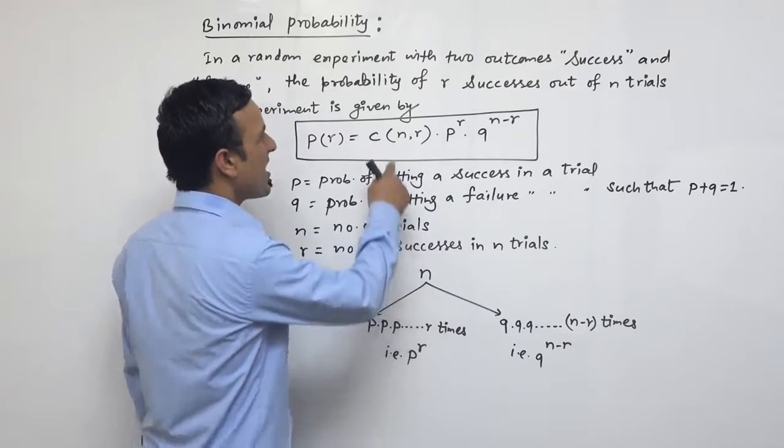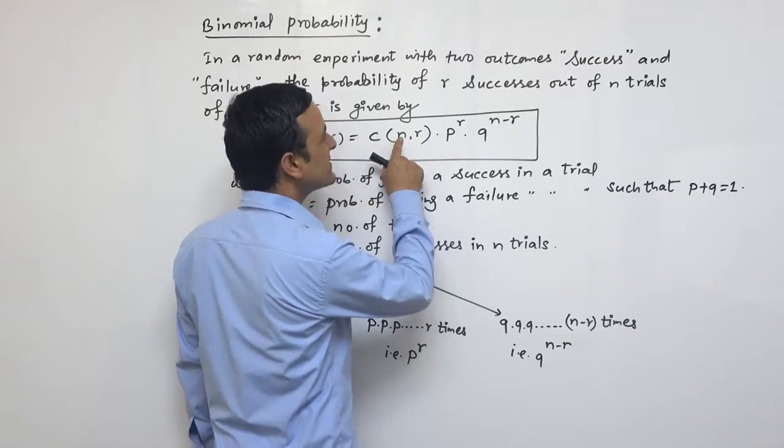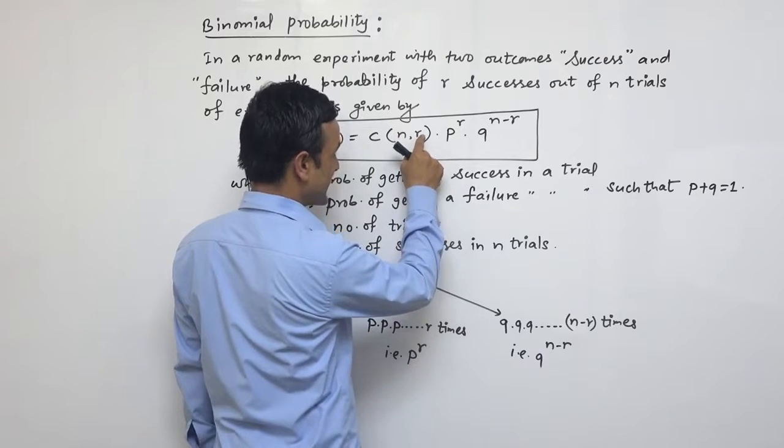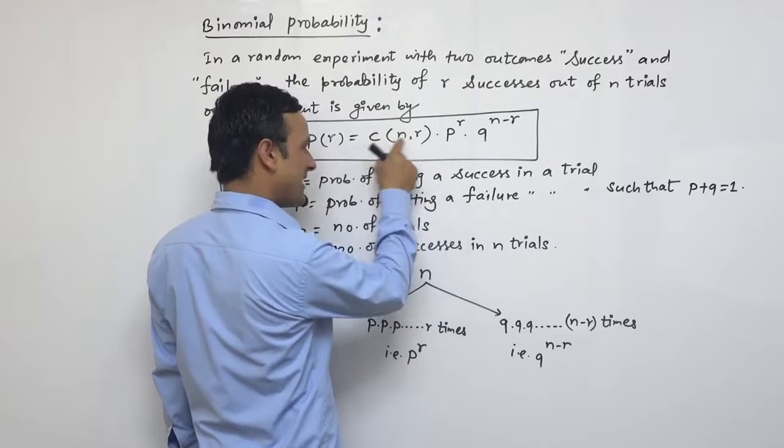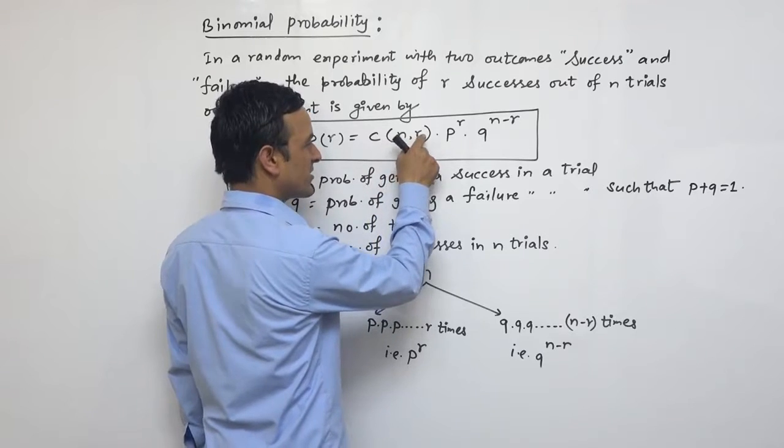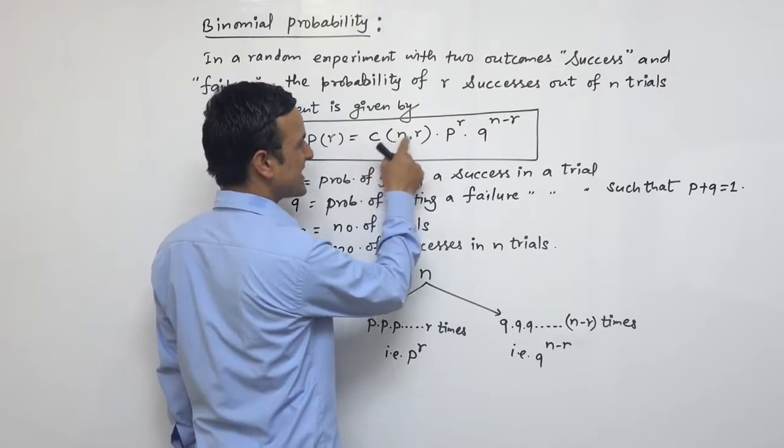That means out of n objects, r objects can be selected like this. r वटा अब्जेक्ट सिलेक्ट गर्नु छ आउट अफ n मा भन्नेलाई हामीले cn कमा r लेखे.